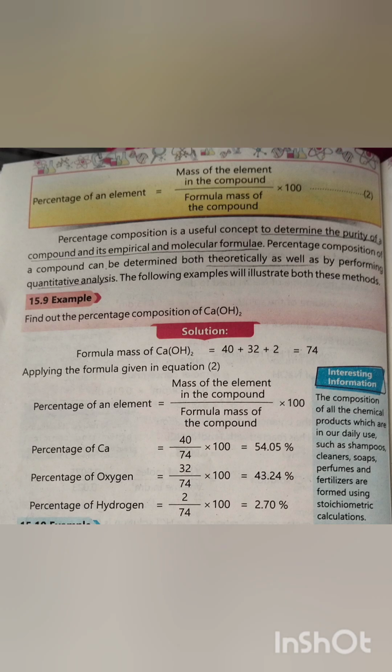For the percent of hydrogen, 2 divided by 74 into 100, which is equal to 2.70 percent. By using the formula, we will find the percentage of every element present in that compound.